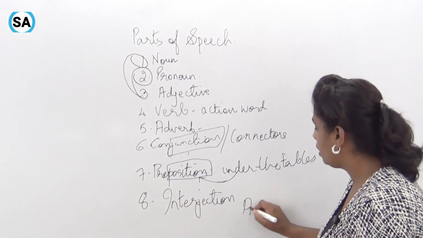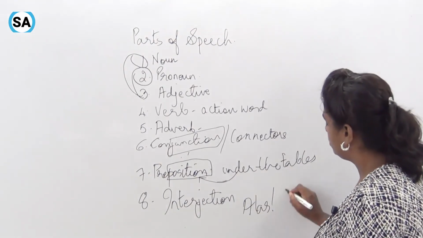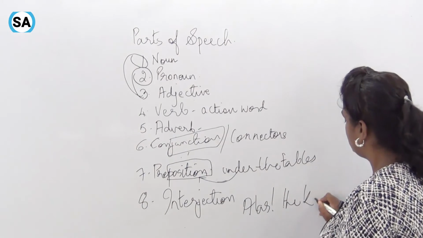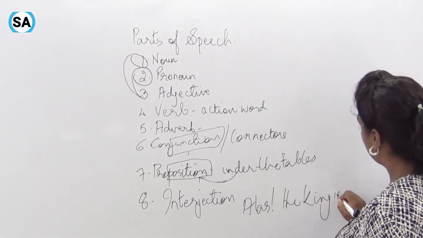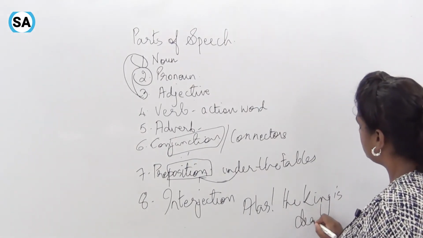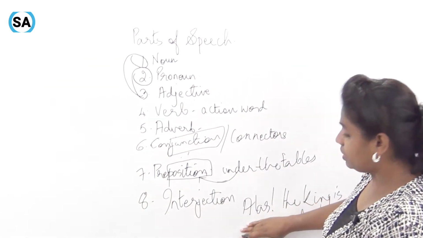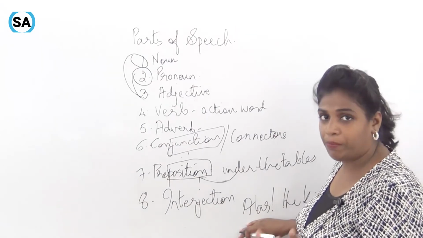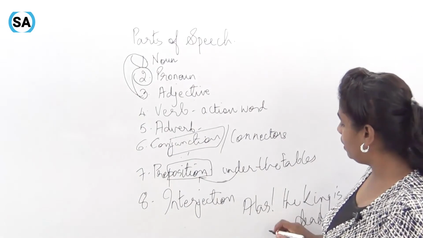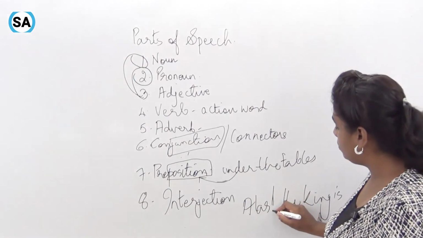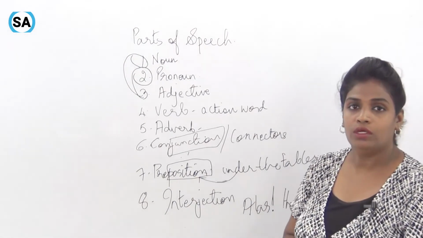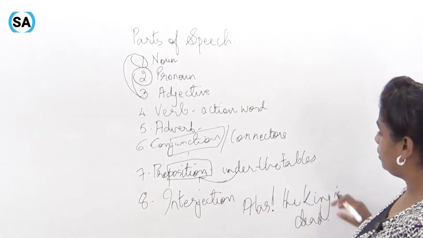So we will say, alas, the king is dead. When we are talking about the sudden expression that is given out, we put an exclamation mark over here. So we say, alas, the king is dead.